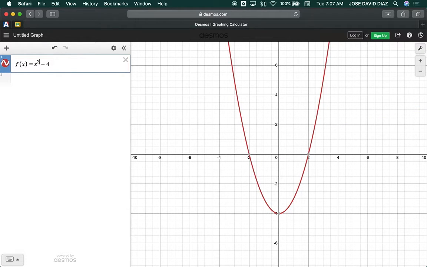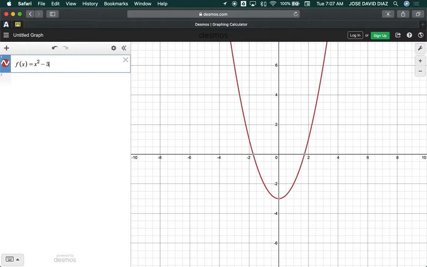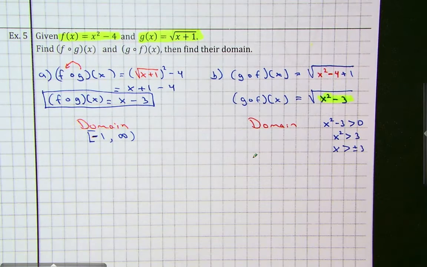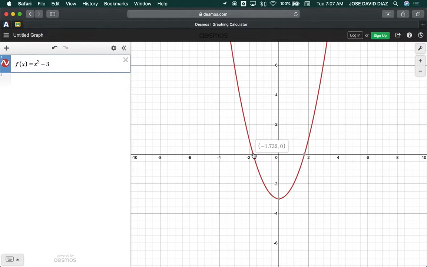We have x squared minus 3. So what are the values that are greater than 0? I'm looking at this part of the graph. The values that are greater than 0 are from here all the way up and from here all the way up. This is the negative square root of 3, and positive square root of 3.